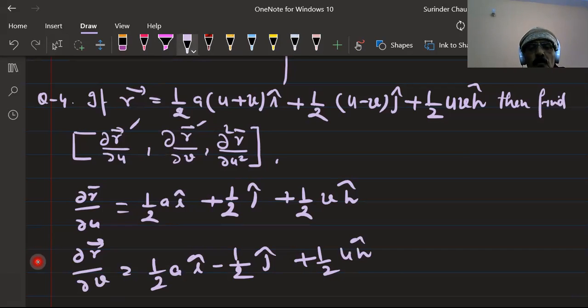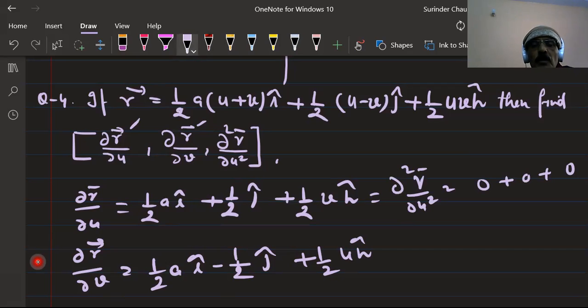Similarly, we can find the second order partial derivative of r vector with respect to u, which is equal to 0, 0, 0 plus 0 plus.